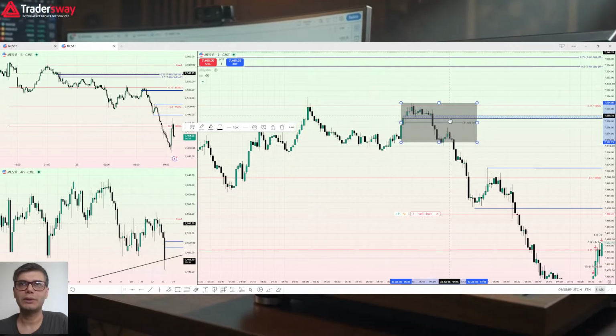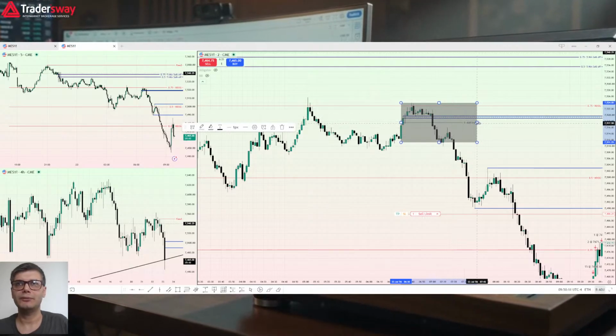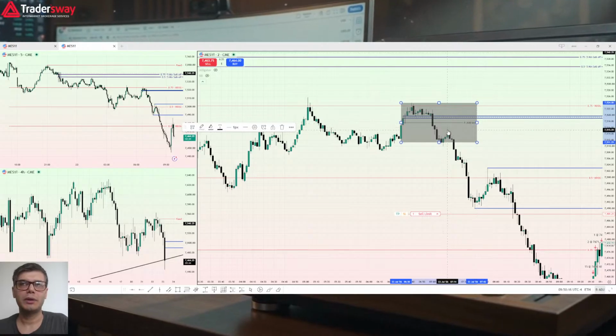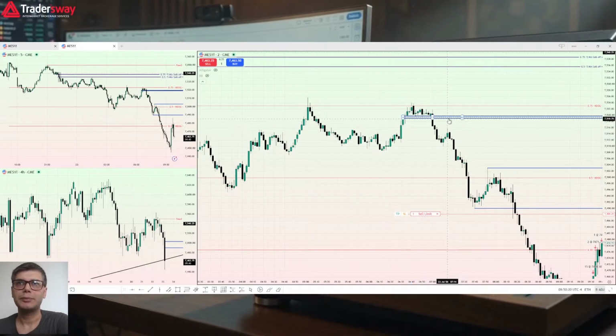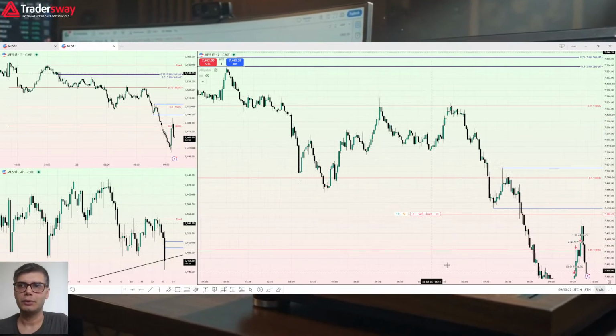So that's where the pending orders usually live. If you have enough margin, we can chase with one contract and leave the important ones in place in the premium or in the discount.